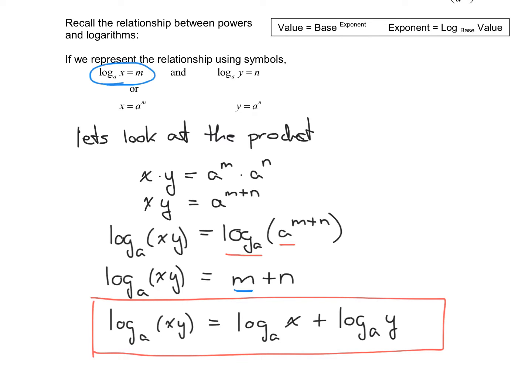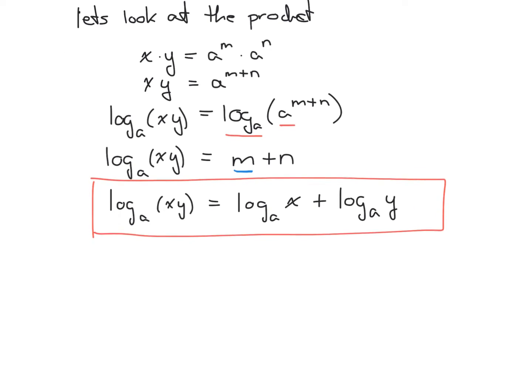Now the nice part is we can look at a quotient as well.